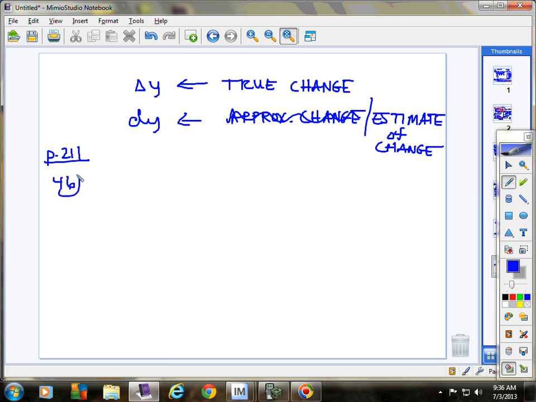Okay, now let's do one that's a little different. On page 211, number 46. I think they give us the formula on this one too. Maybe we have to remember it. Now they give us the formula. Directions say write a differential formula.